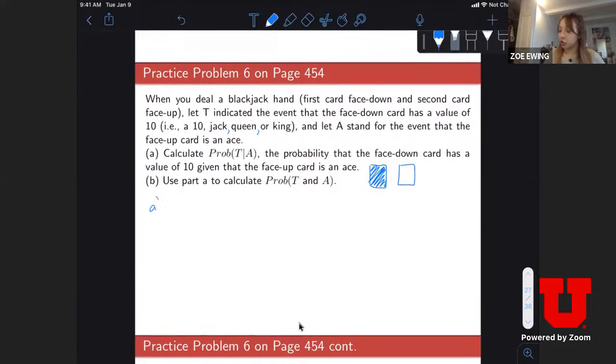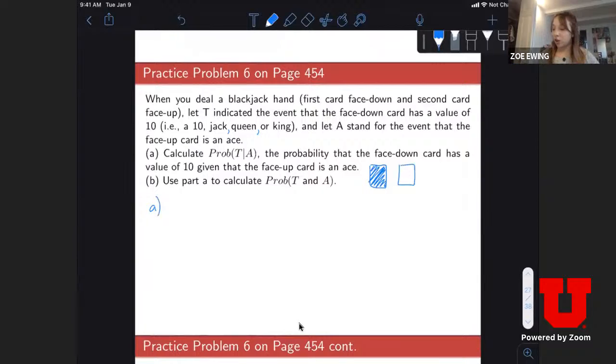So when we do conditional probability, we are basically narrowing down our sample space. So instead of picking out of the whole deck, we want to pick out of specifically the case where the face up card is an ace.